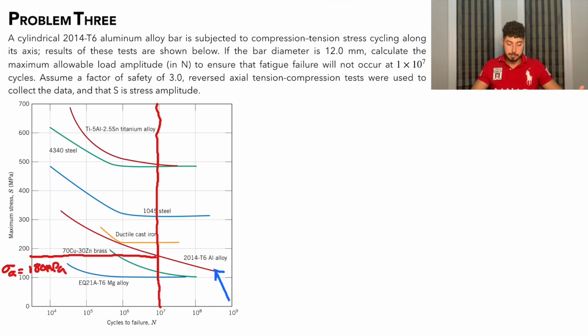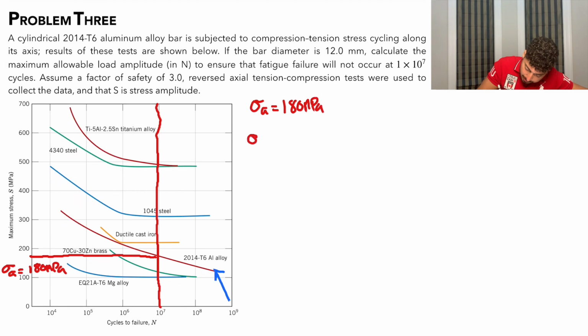So that's the first step in solving this problem. We can now say that our stress amplitude is equal to 180 megapascals, and all we've done is read that off the graph. So now we can go in and add our safety factor. So for failure not to occur at this given fatigue life, we need to divide our stress amplitude by our safety factor to ensure that we have enough clearance that failure won't occur.